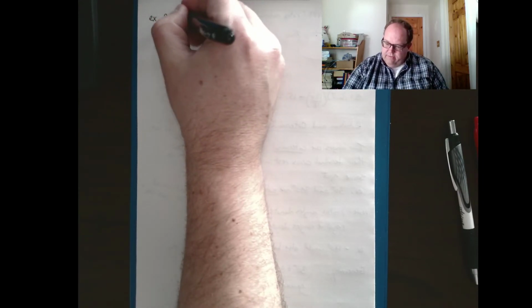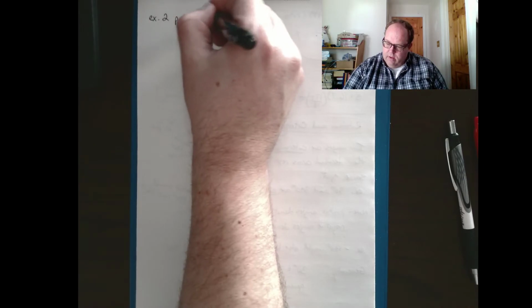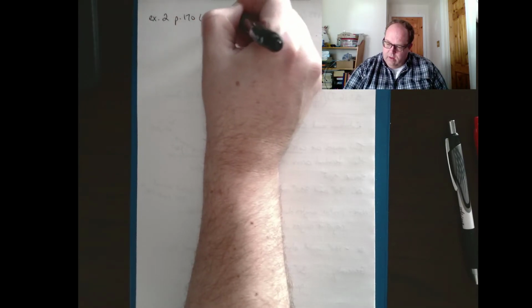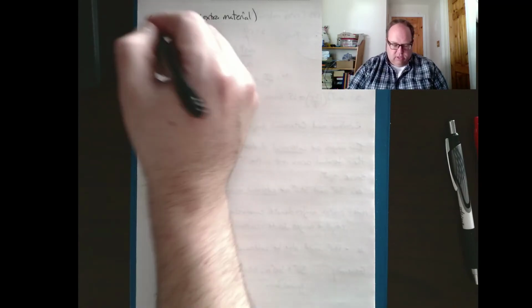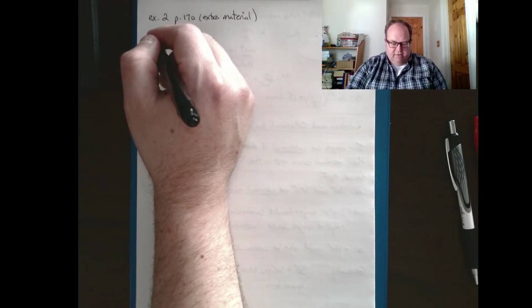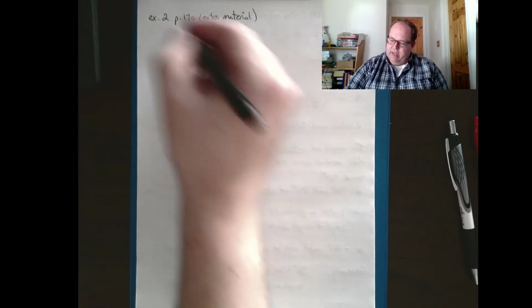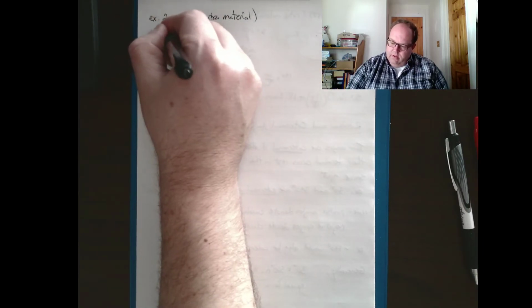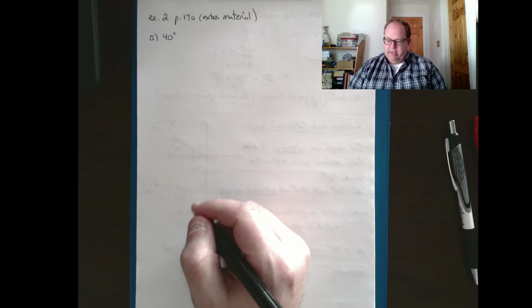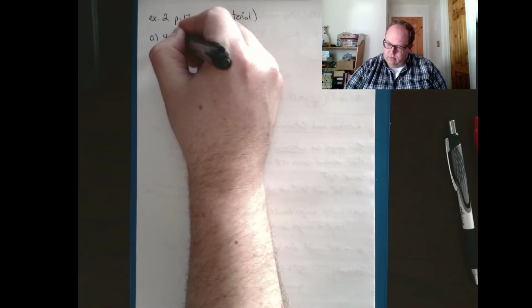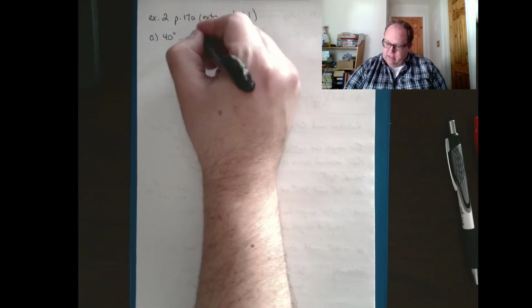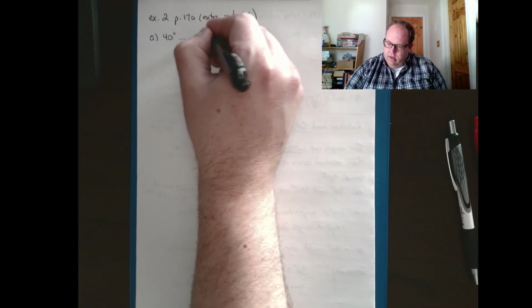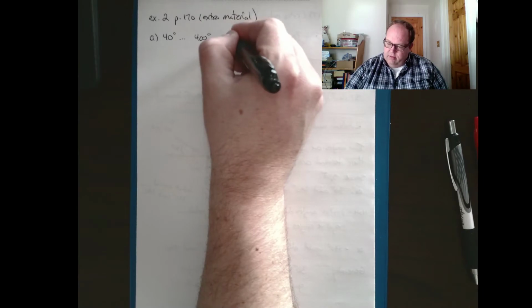Page 170. When you are asked to determine one positive and one negative angle measure that is coterminal with the angle given. So for 40 degrees, basically I add 360. 400 degrees would be coterminal.